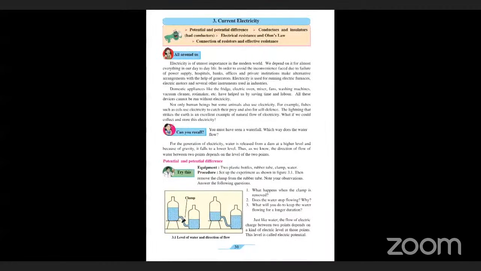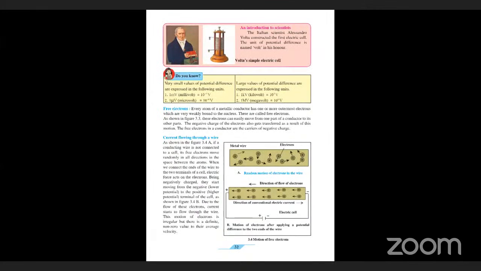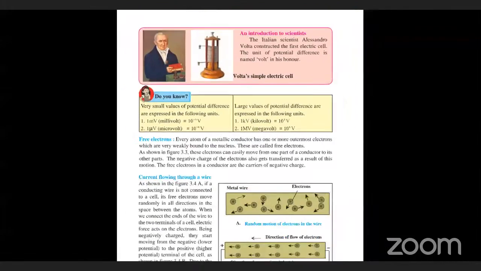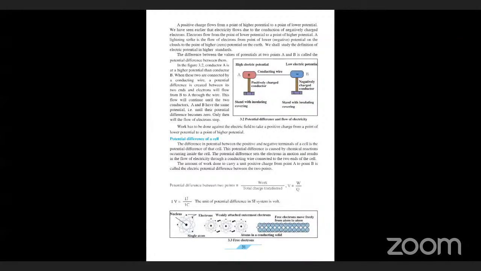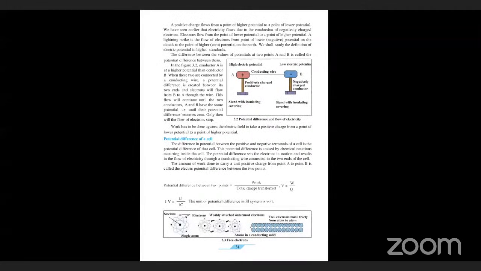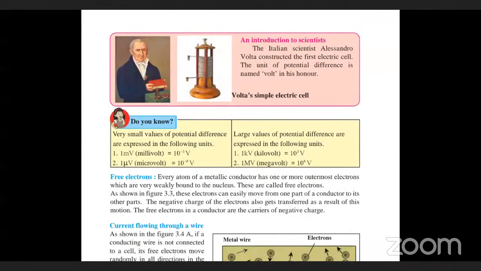Yes, we were discussing this chapter, chapter number 3, current electricity. So what we discussed in the last class is conduction, free electrons and current flowing through a wire.